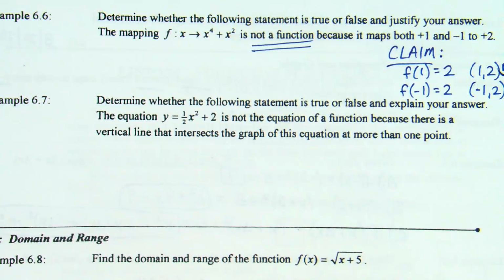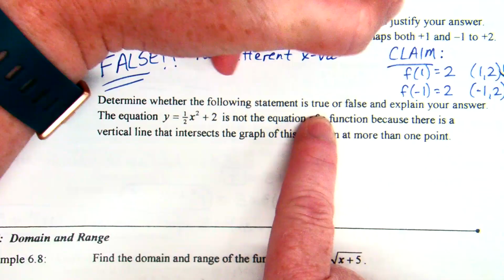And my explanation is what I just said. Two different x values can be mapped to the same y value.